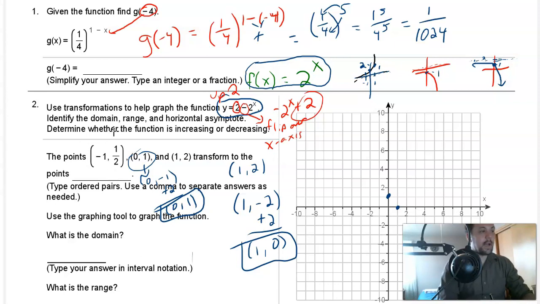And save the best for last here. Flip this over. It becomes -1, -1/2. And then we're going to add 2 to that. So you can think of it as a decimal. Now, if you're typing this into Math Excel, it wants the answer in fraction form. But you can think of this as a decimal on paper and for graphing purposes. So think of this as -0.5.